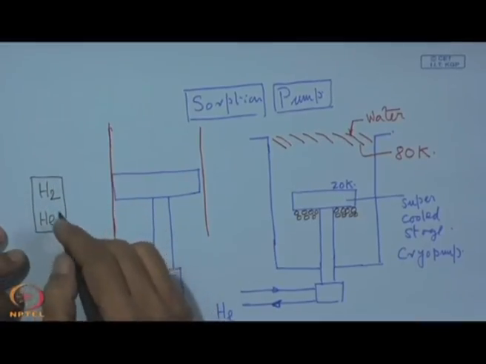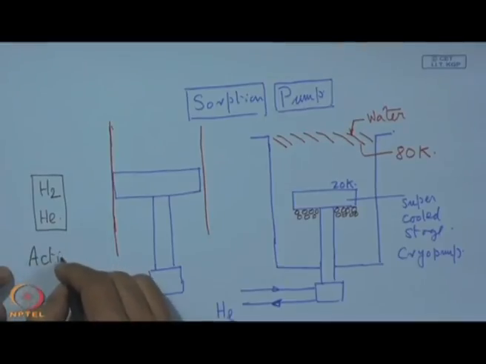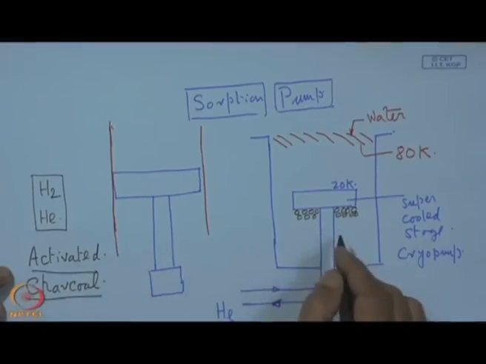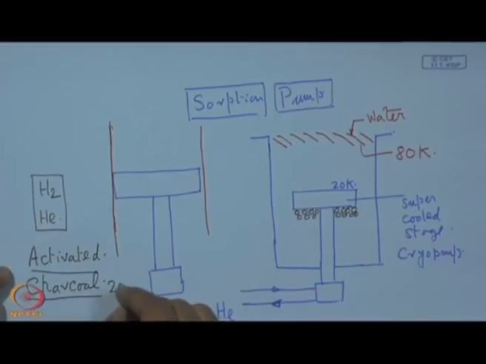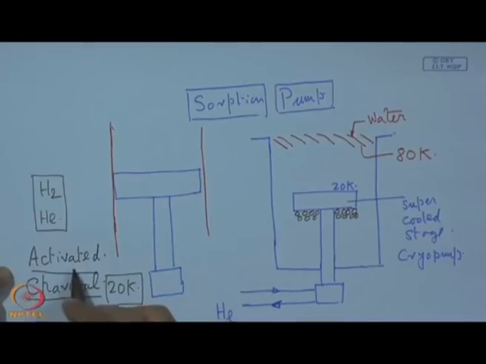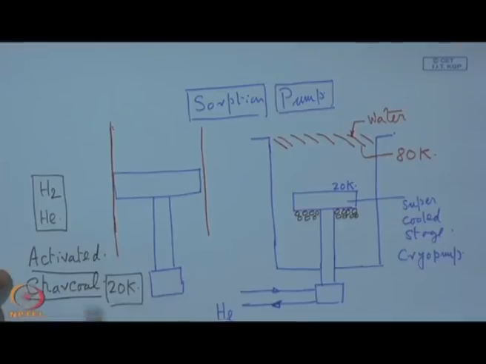And for this, what is used? Activated charcoal. That can also be used, and it can be kept at 20 K, and that will be the most effective material for trapping hydrogen and helium.